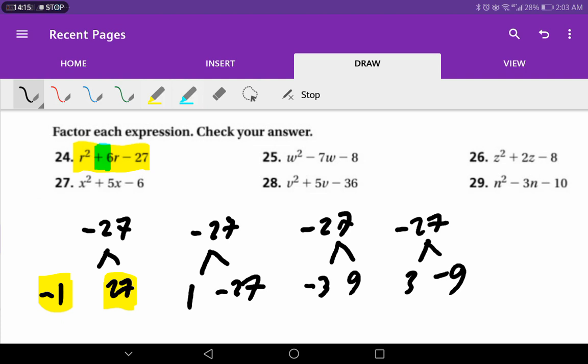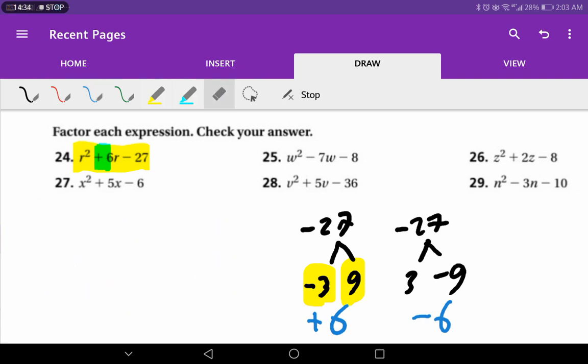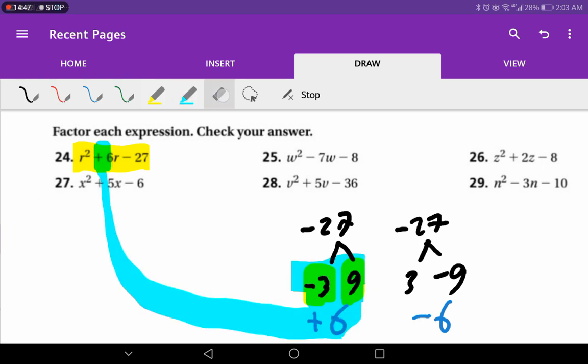But here, if you find the sum of this and this, you will get, yes, positive 6. But here, negative 6. So let me erase the rest of the factors here and check the middle term and compare. You will find this one matching, so I need the two factors here, and I will erase everything else.